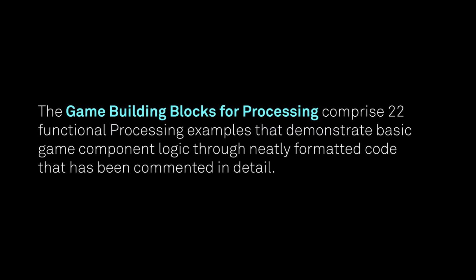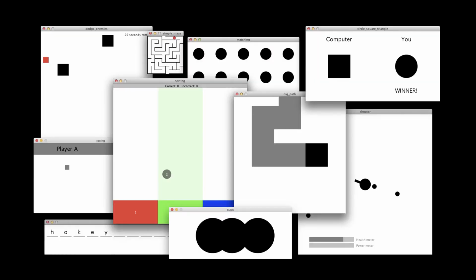So this tool, this kind of pedagogical resource, comprises 22 functional Processing examples that demonstrate basic game component logic through neatly formatted code that has been commented in detail. So there are 22 of them now. This has developed over the span of a number of semesters.